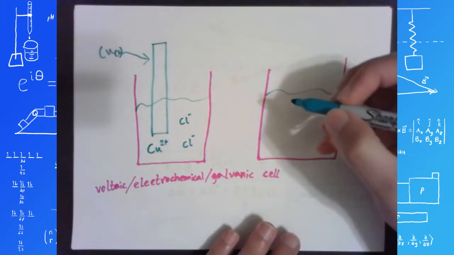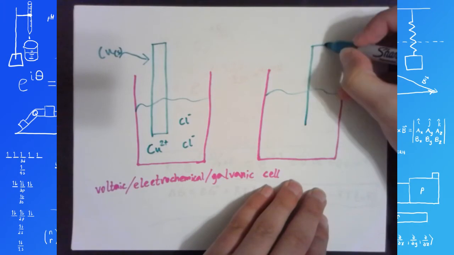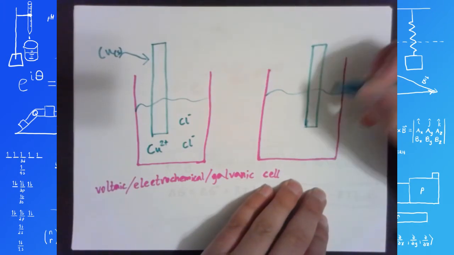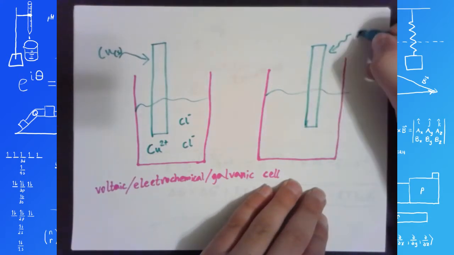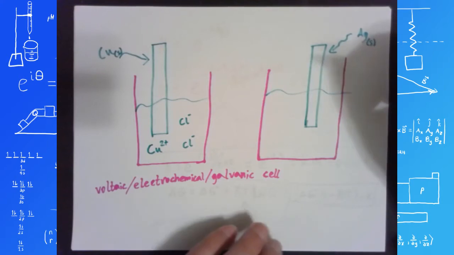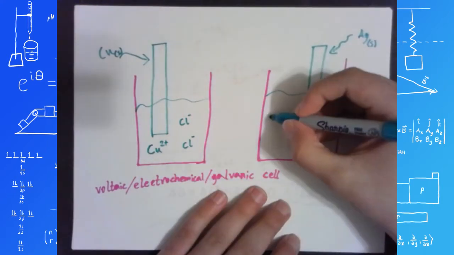And let's say that over here we've got a bar of, let's make it silver. Over here we'll have a bar of silver. And it's going to be dipped in a solution of silver nitrate.